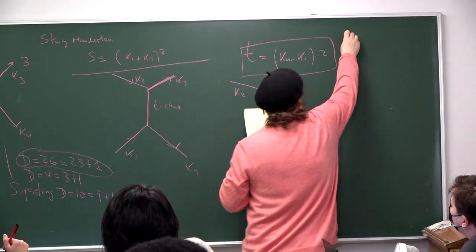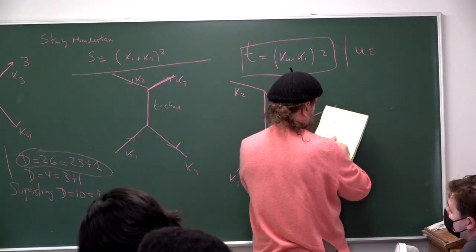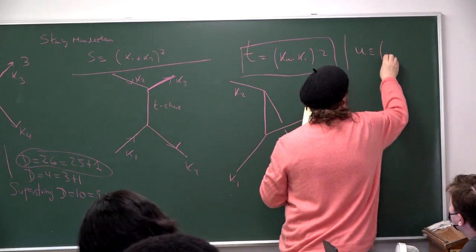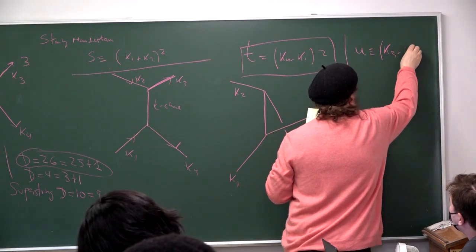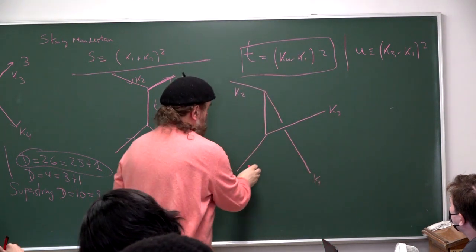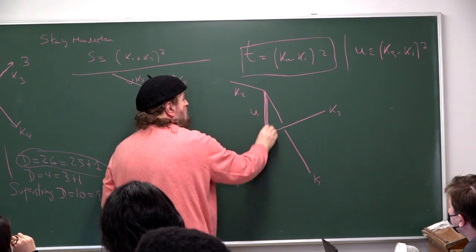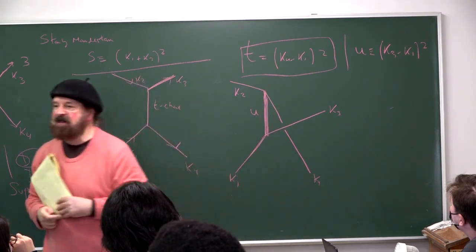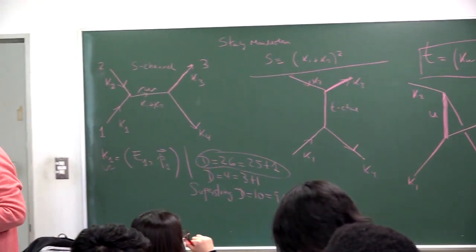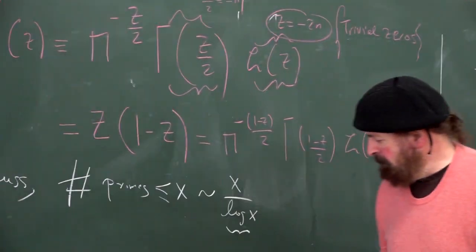So the U channel is defined as (K3 minus K1) squared. This is just a notational convenience that physicists use to describe a scattering process.